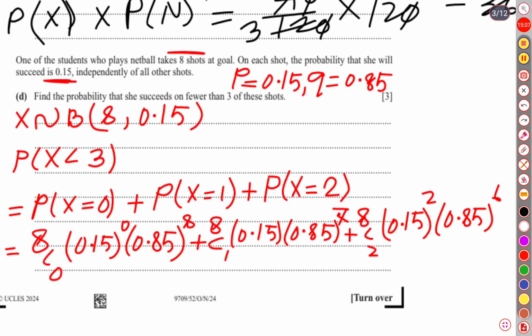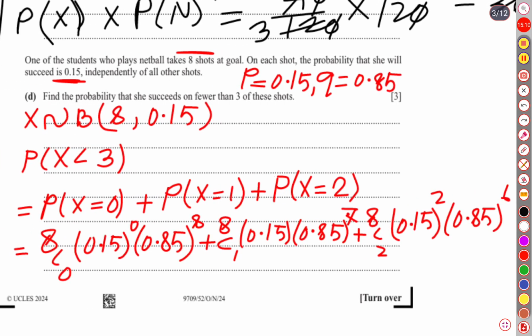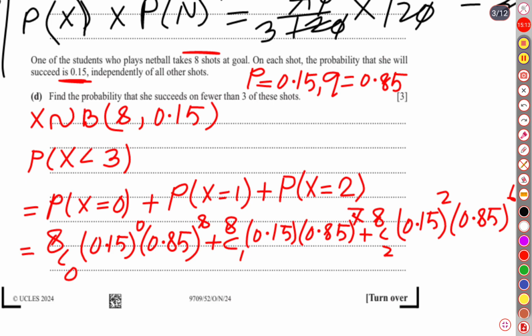So let us calculate these. Before calculating, we are going to simplify this. 8 choose 0 is not 8, it's actually 1. 8 choose 0 means 1.